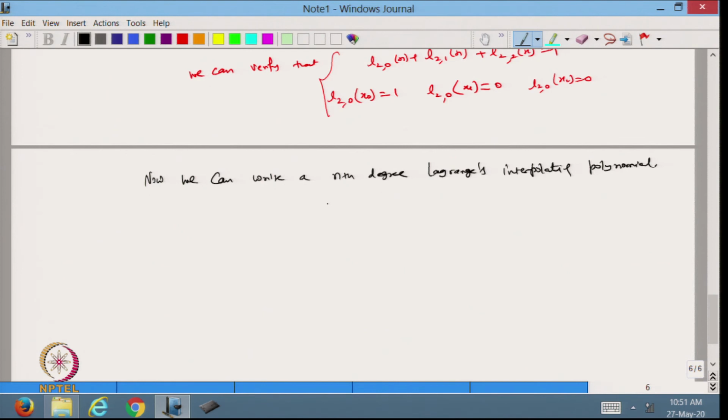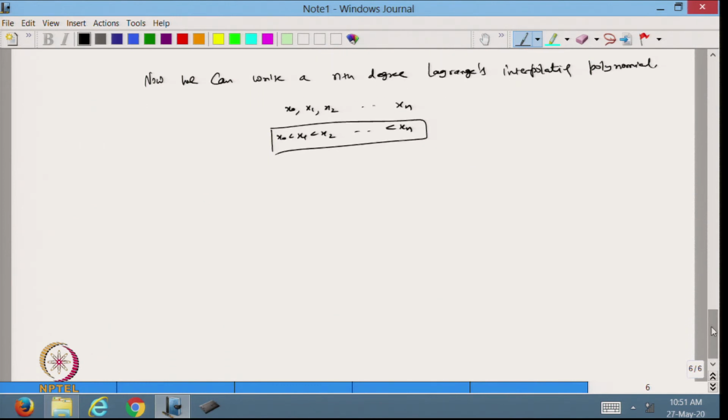So now we have x0, x1, x2 up to xn. So these are the nodal values that are given to me. Now I can rearrange this in ascending order, because this is non-uniformly distributed. So I can rearrange that in ascending order form.